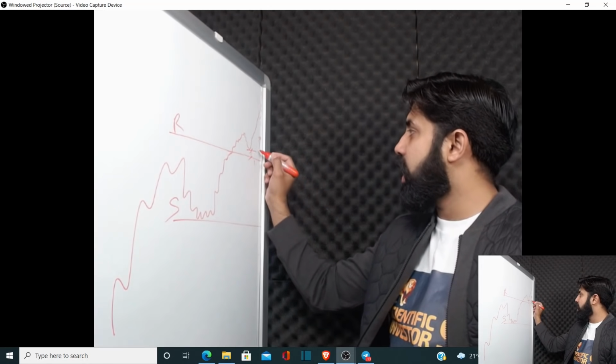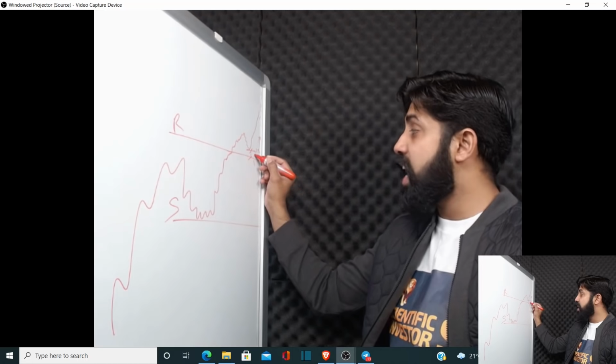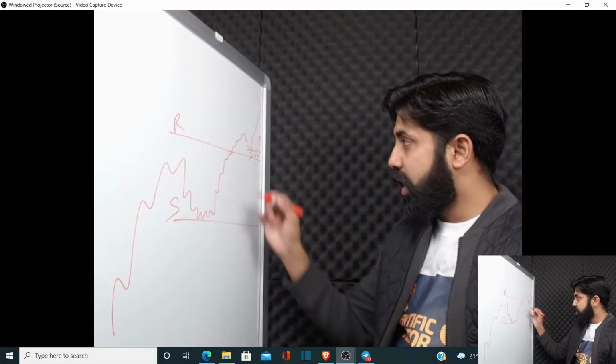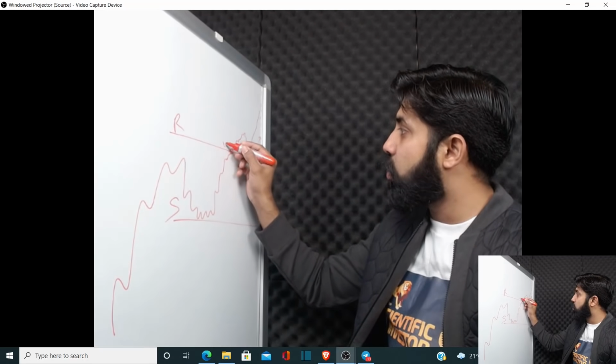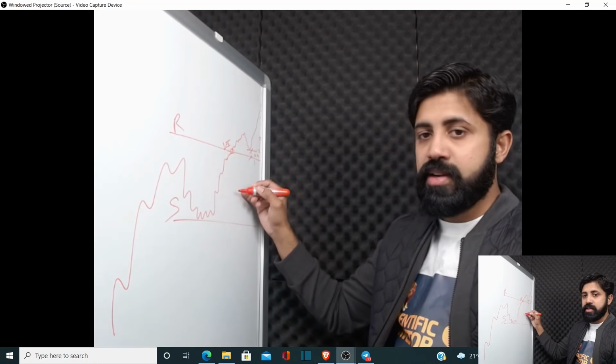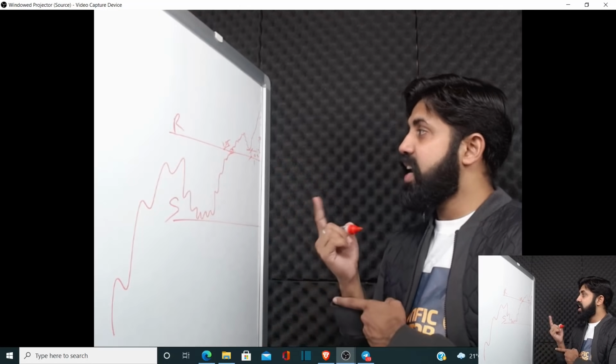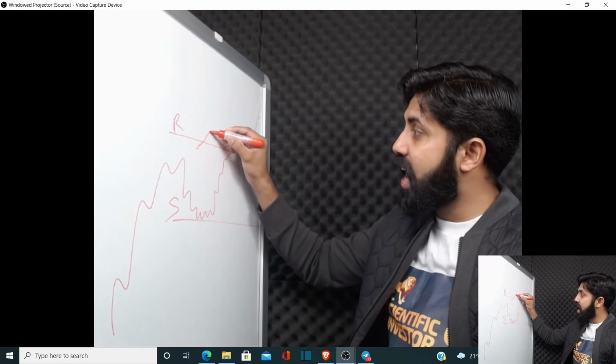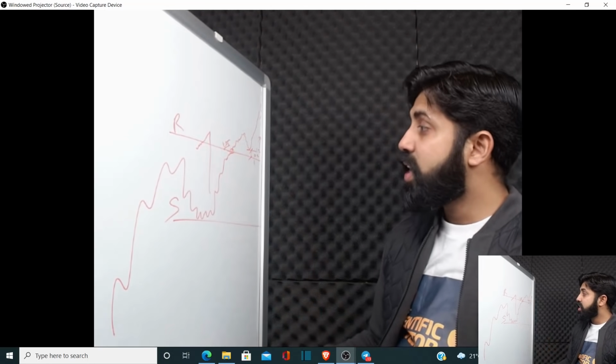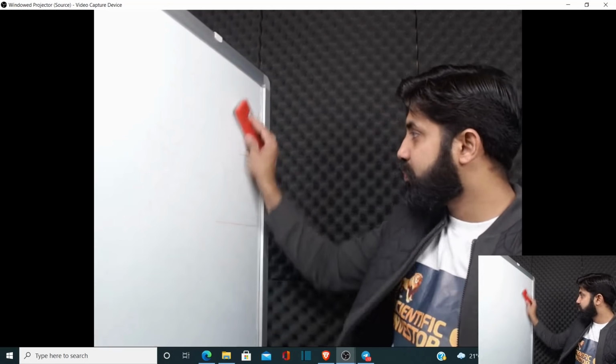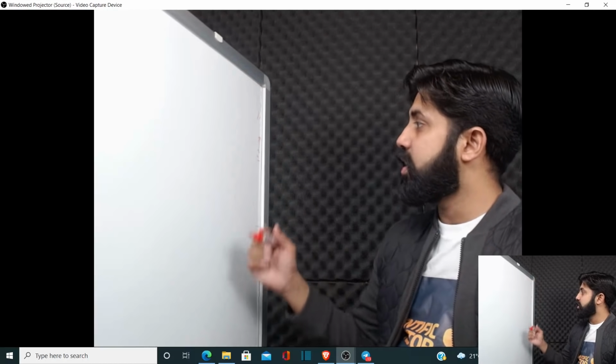Say this is $1 and this is $1.2. So you literally miss 0.2 there. Whereas if you're buying the breakout, you can buy at 1.05. Then the risk involved there is, what if you break higher and then come back in? We see a lot of fake outs too. So that has to be considered when you are trading.